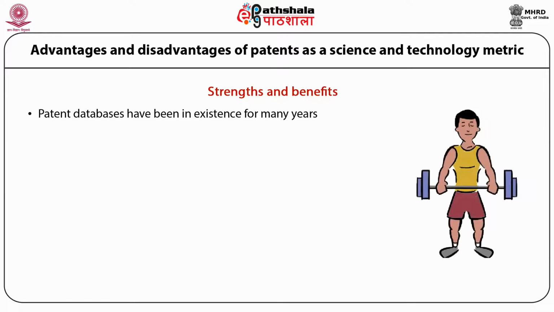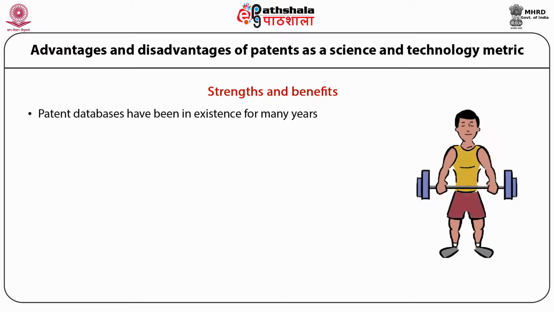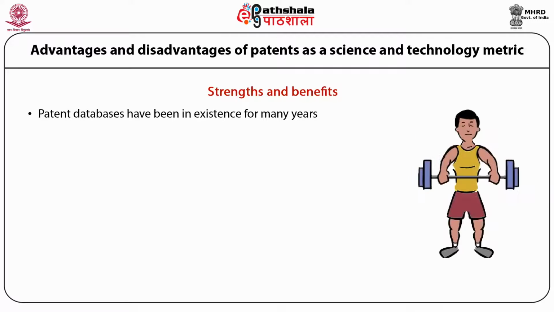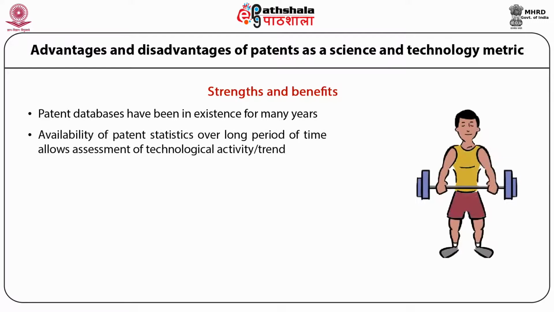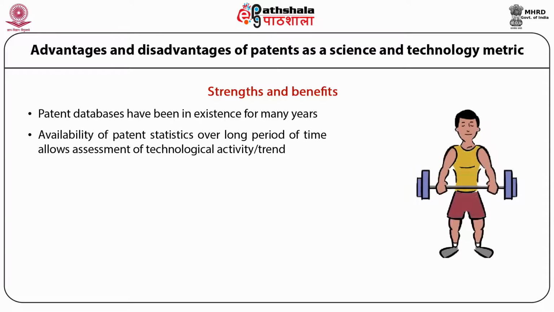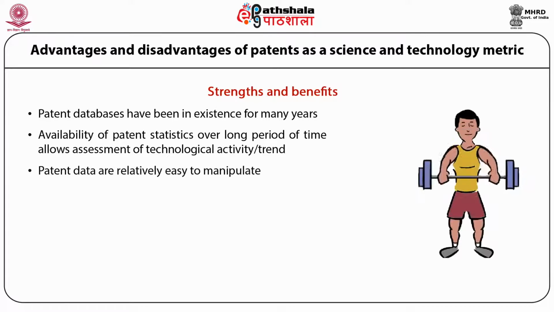For Indian Patent Office, you can trace it from 1911 onwards. In the US Patent Offices, it goes back from 17th century onwards. Availability of patent statistics over long period of time allows assessment of technological activity trend. Patent data are relatively easy to manipulate.